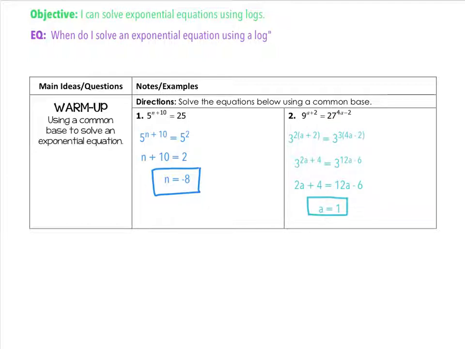I multiply whatever the exponent is times the exponent of my new base. So I end up with 2 times the a plus 2 that was up there because I rewrote the base as 3 squared, and over here I have 3 times the exponent that was already up there. Then I simply distribute and simplify, and now that they have the same bases, I set the exponents equal to each other, and when I solve them out, I get a equals 1.